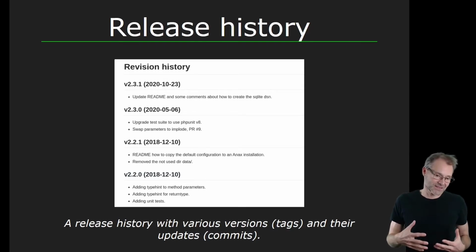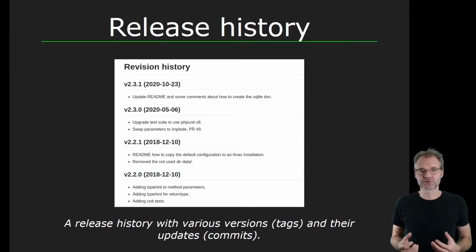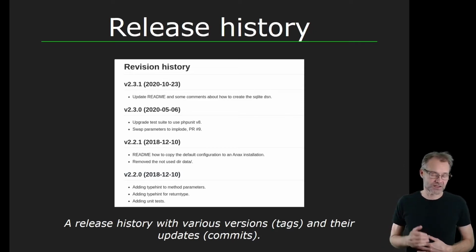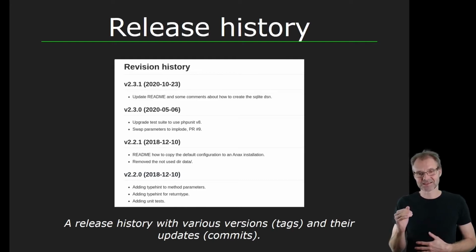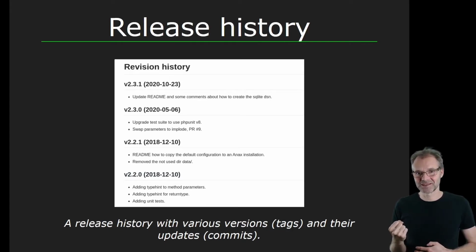This could be a document in the Git repo. Perhaps a releases.md file where I just note this, and I could note the changes each time I do a commit, or I could keep good order of my commit history.